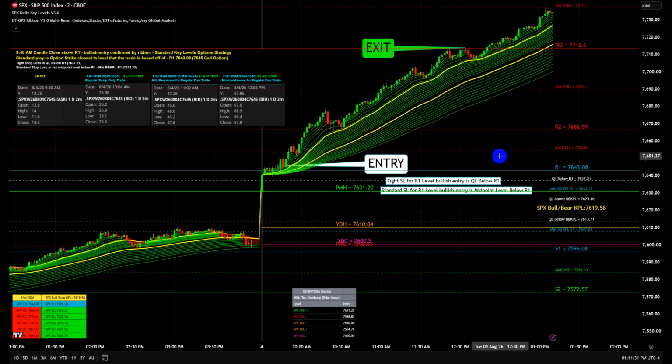0 DTE is better for the early part of the session, whereas 1 DTE would be better for entries later on in the afternoon session. That, of course, is up to the trader's choice through use and practice as to which one you prefer, whether 0 DTE or 1 DTE.